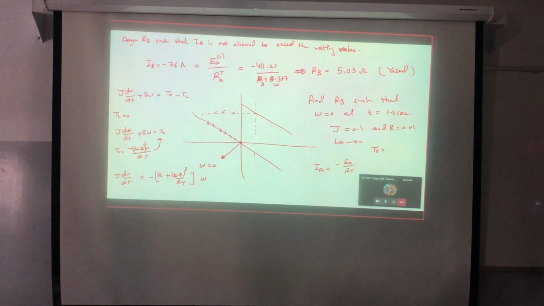And we know that Te is equal to K phi multiplied by IA.